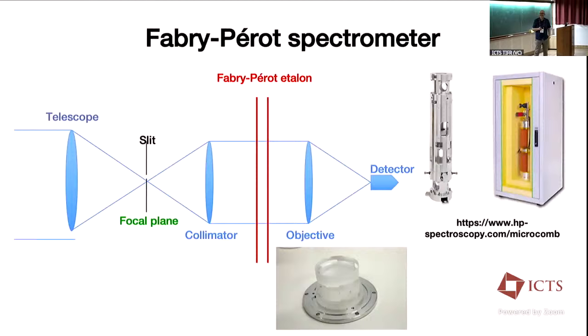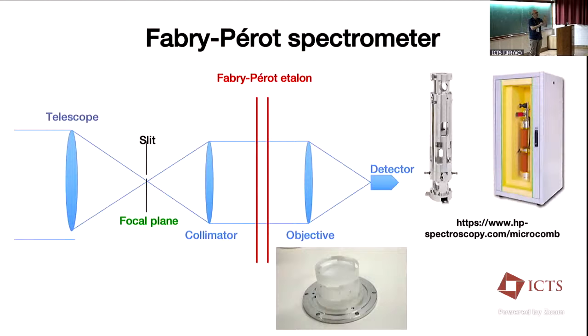Yeah. So we have parallel plates. We want to create interference between these two surfaces. And in order to define the interference for a given wavelength in the best possible way, the beam has to be parallel.